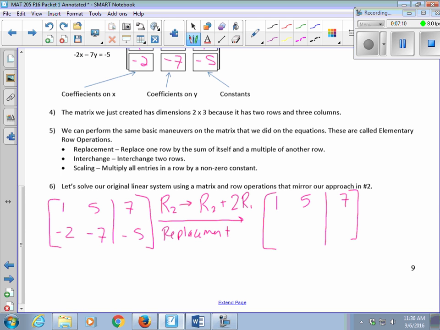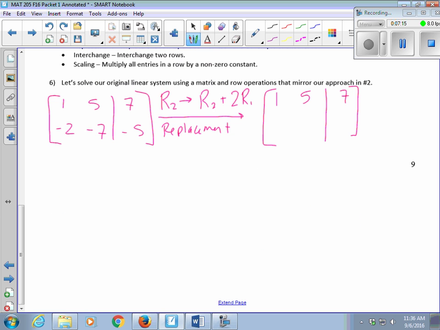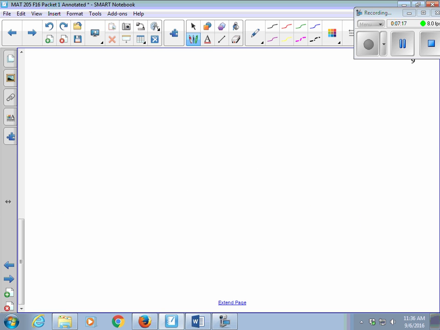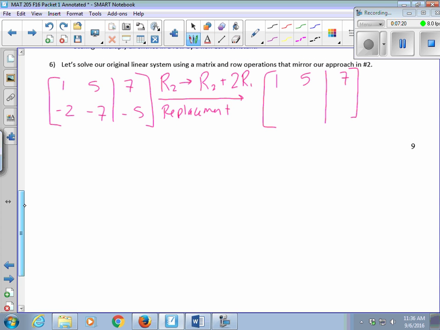Okay. If you need to, it can be handy to write out the arithmetic of the replacement as a little side work. You don't have to. If you can do it in your head, it's fine. But row 2 is going to be replaced by row 2 plus 2 row 1. Okay, so row 2 is -2, -7, -5. 2 times row 1 is 2, 10, 14.